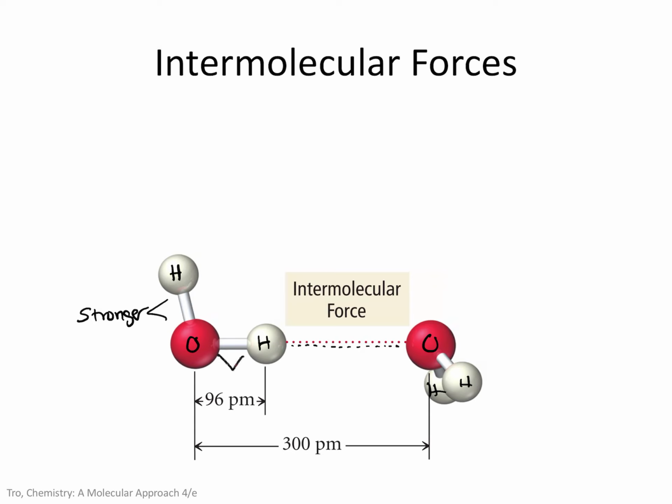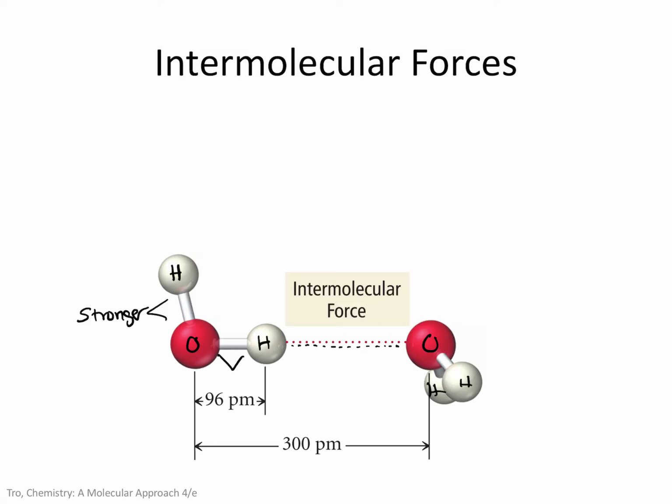Since the distance is much shorter for the intramolecular bonds, their attraction is much larger. The length of the OH bond in water is around 96 picometers, and the average distance between the water molecules is around 300. So the larger distances between the molecules, as well as the smaller charges involved, because we only have partial charges, cause them to be weaker than an intramolecular force.